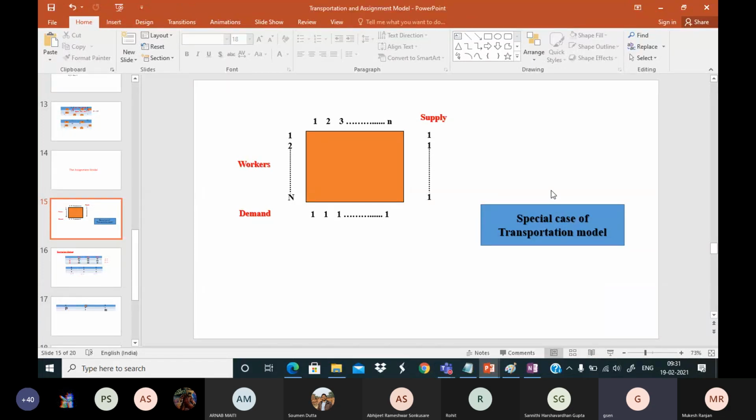So far we have seen these discrete optimization problems, right? Linear programming, and then integer programming, the different methods of solving linear programs and integer programs and their applications, different modeling issues, right?